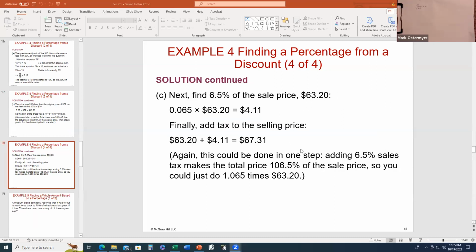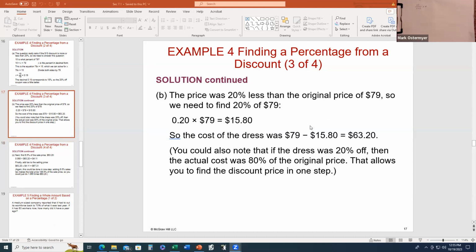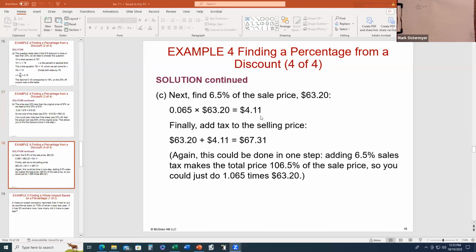Now we want to find 6.5% of the sale price, which is what? Well, after we knock off $15.80 off $79, the sale price is $63.20. Now we need to assess the sales tax, which is 6.5%. So therefore, we're going to find out what 6.5% of $63.20 is by dropping our percent symbol, changing 6.5 to a decimal, moving the decimal point 2 places to the left.